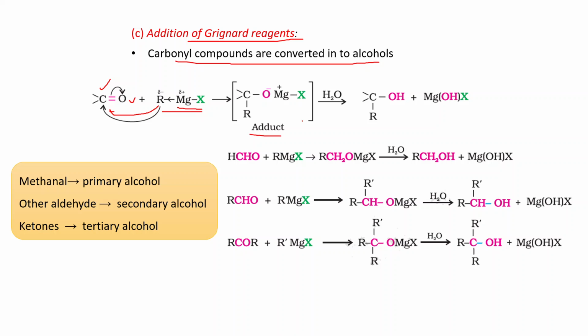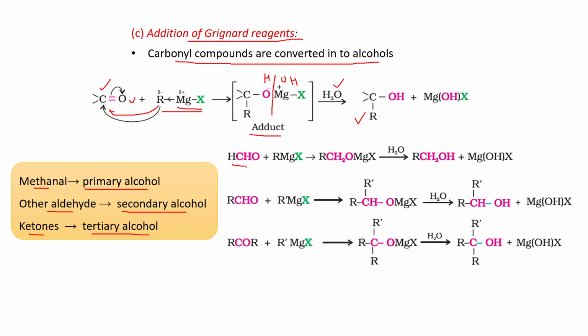The addition compound is formed, and on hydrolysis of this, it will break from this position, and H will go to this and OH will go to this, and we will get this alcohol. Now methanal will give primary alcohol, other aldehydes will give secondary alcohol, and ketones will give tertiary alcohol.